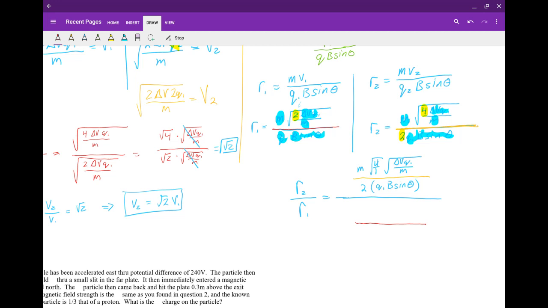Okay. And then I'm going to go ahead and write this. So I'm now producing this fraction. And basically I've got an M, and I've got a square root of 2 over 1, if you will. And then I've got the square root of delta V Q1 over M. And then here on the bottom, I just have a Q1 B sine theta in parentheses.